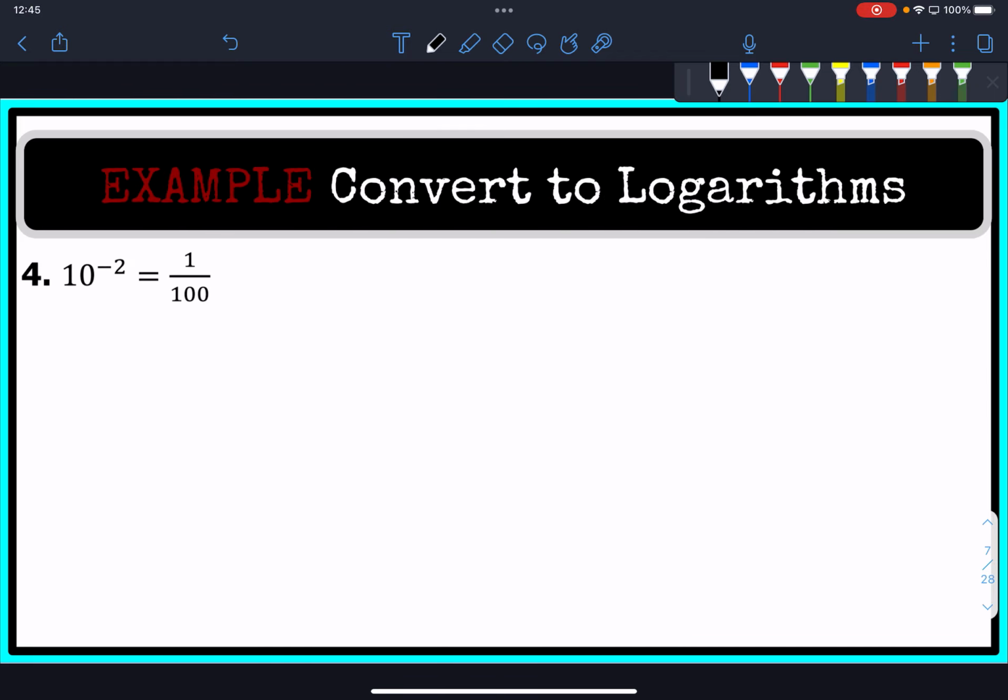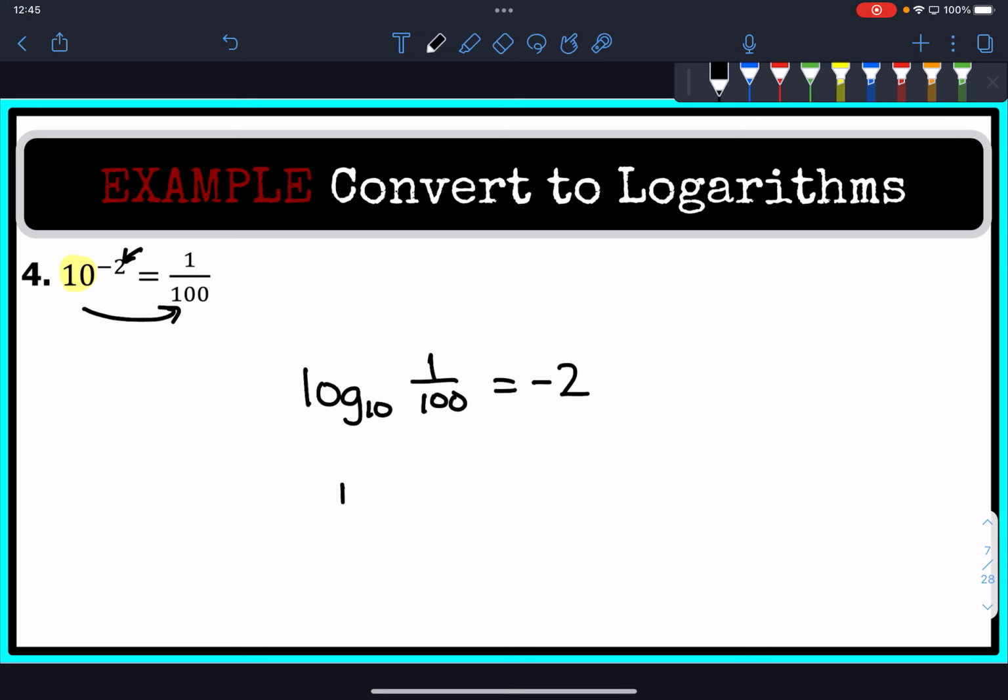Now, to go backwards and convert from exponential form to a logarithm, I do the exact same thing, just work backwards. Right here, I need to identify the base, which is 10. So the log base 10, which is the common log, of this value of 1 over 100, is going to equal the exponent of negative 2.